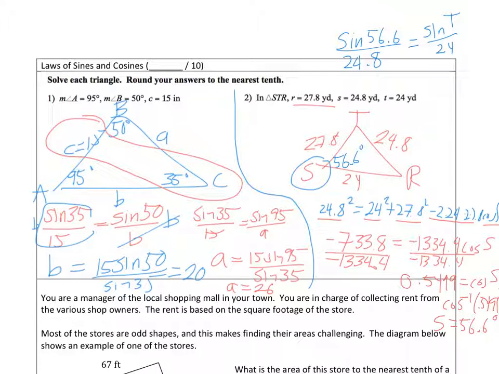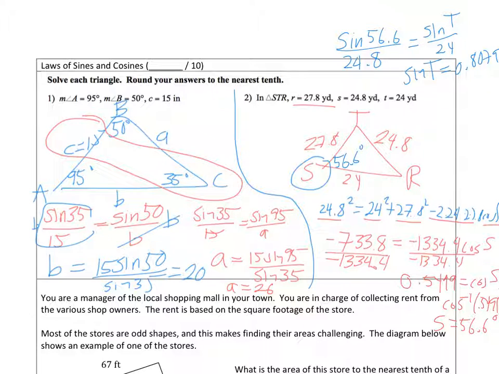So if we do sine of 56.6 divided by 24.8, and then times 24, we get sine of t is equal to 0.8079.